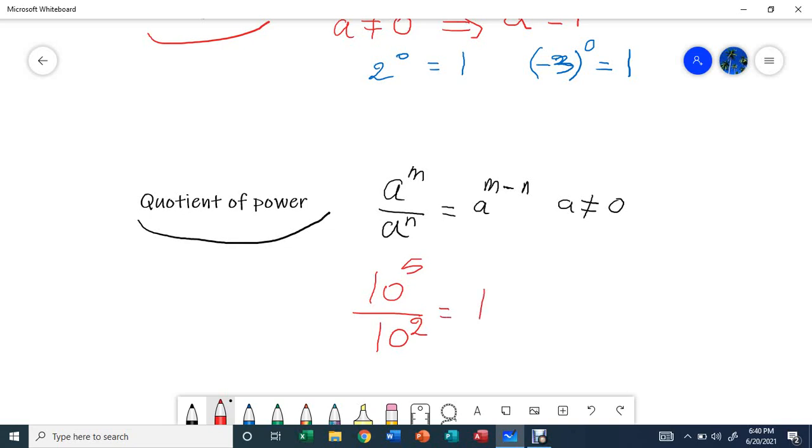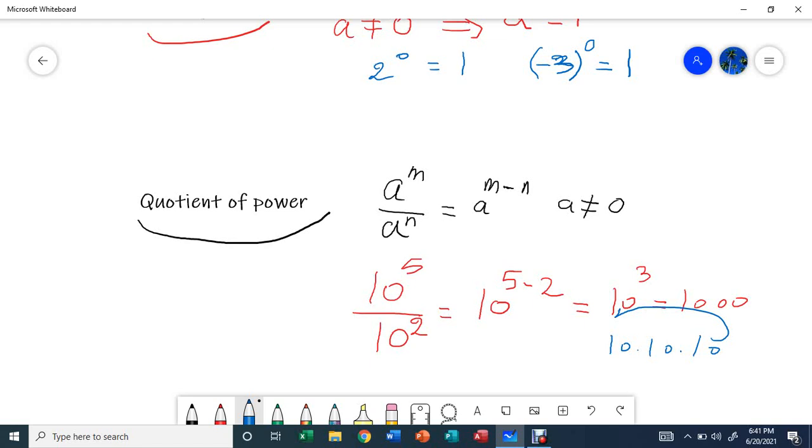So 10 is the base, and you subtract 2 from 5, and you get 10 to the 3rd power, or 1,000. So 10 to the 3rd power is 10 times 10 times 10, 3 times.